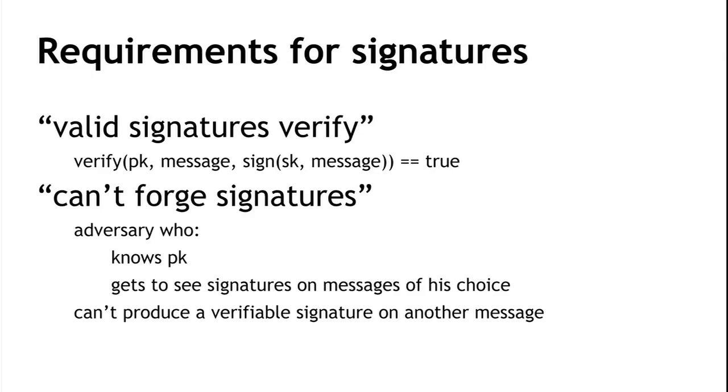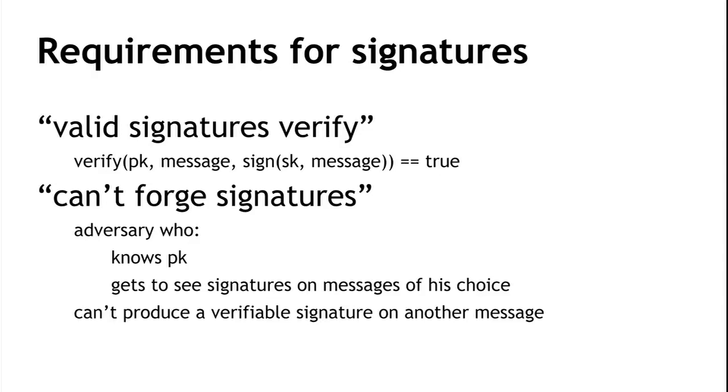The requirements for signatures, at a slightly more technical level, are the following two. First of all, valid signatures will verify. That is, if I sign a message with SK, my secret key, and someone later tries to validate that using my public key and the same message, it will validate correctly.